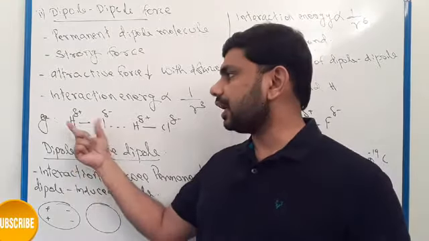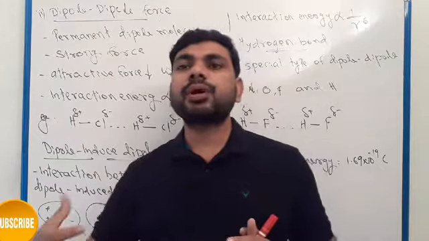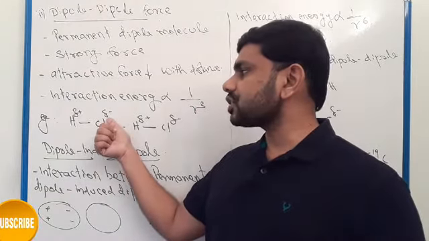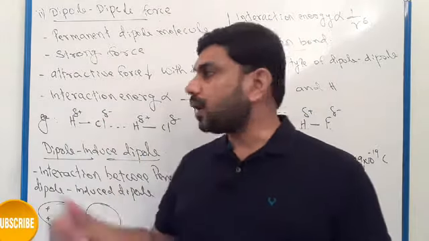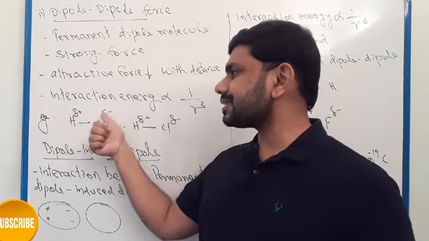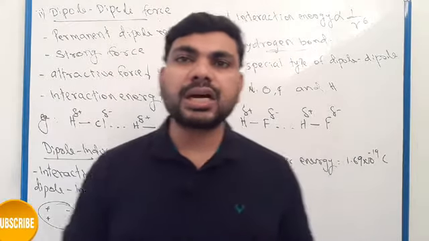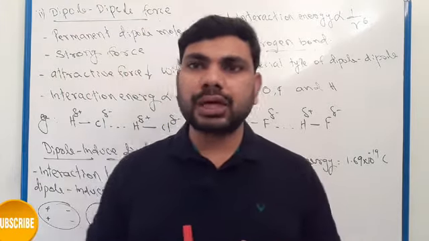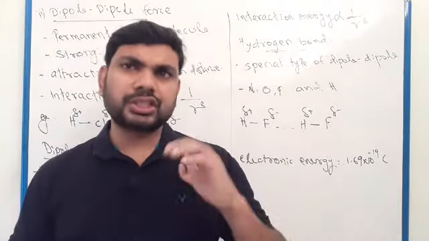Here HCl, hydrogen and chlorine. We know chlorine is the more electronegative atom. It has a partial negative charge. Hydrogen has a partial positive charge. Partial negative charge, partial positive charge, delta minus, delta plus. Partial charge means it is a very small charge.